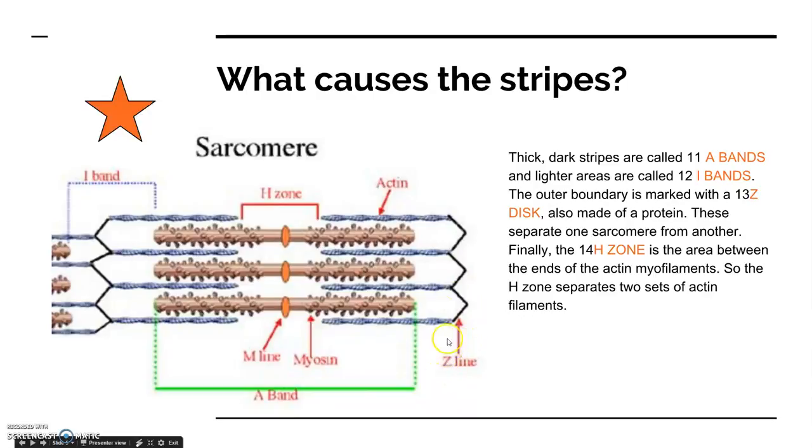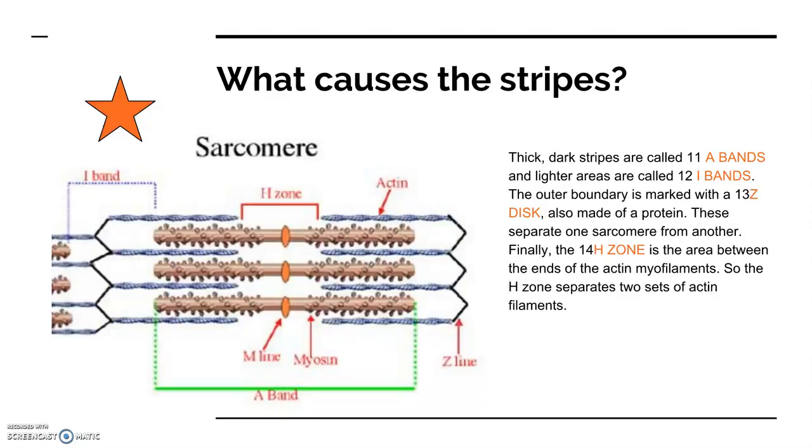But when you see the letter Z, that's the outer boundary from one sarcomere to another sarcomere. So that's 1 unit. These separate one sarcomere from another. And finally, there's the H-zone, which is the area between the ends of the actin myofilaments, the blue to the blue. So the H-zone separates 2 sets of actin myofilaments.